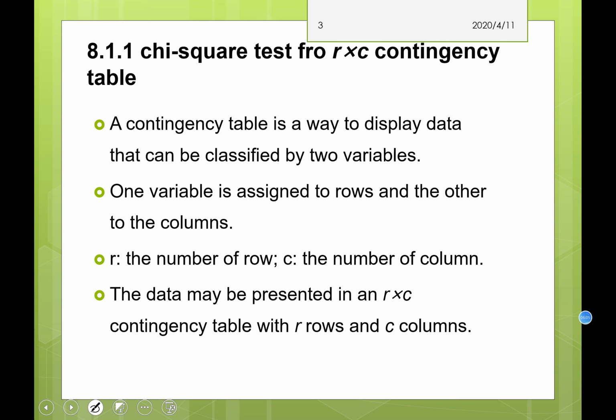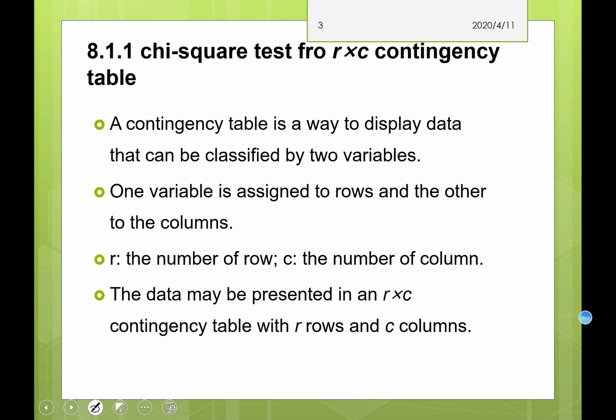So here, we divide the result of the effectiveness into two or more than two levels. For example, we want to know the effectiveness of a special drug, and we divide the effectiveness into two groups.